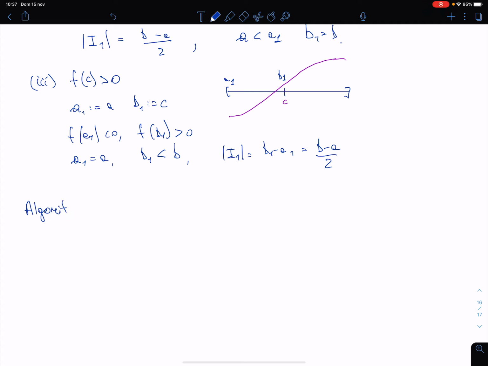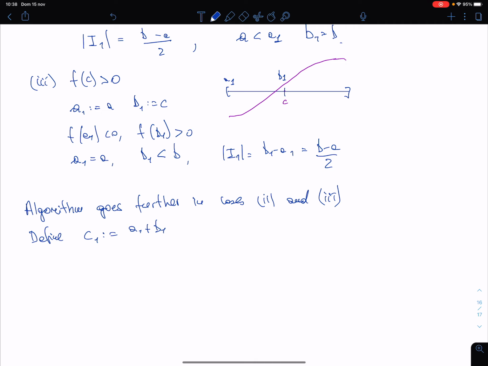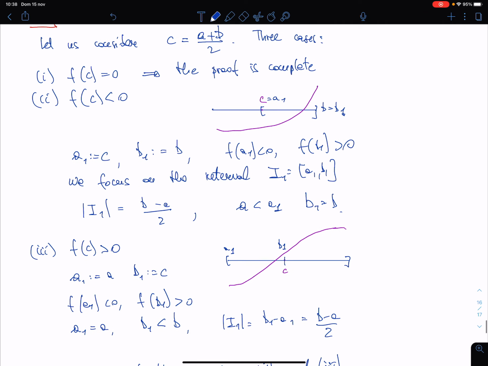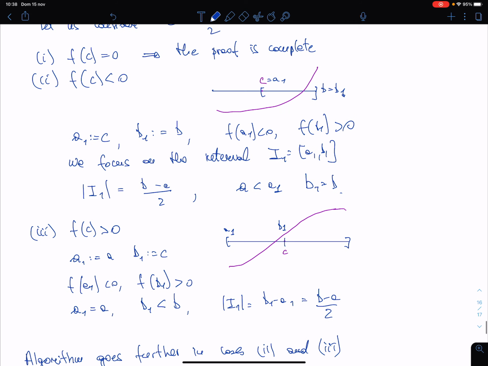The algorithm goes further in cases 2 and 3. In these cases, we define or denote c1 to be equal to (a1 plus b1) divided by 2, so the half of the new interval.